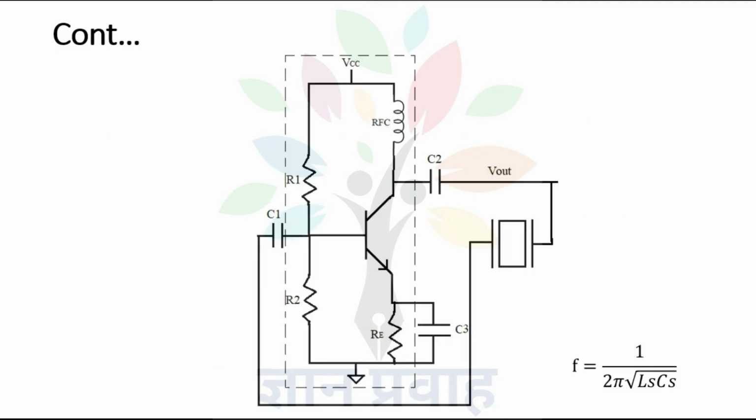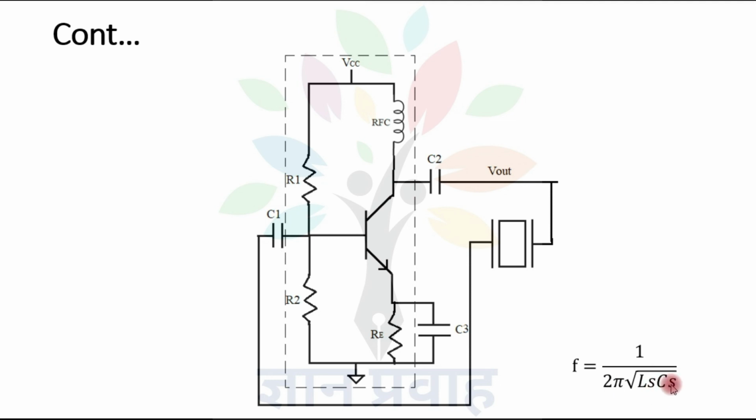The circuit diagram for the crystal oscillator is given here. One amplifier circuit uses voltage divider type, and another is the feedback circuit, which contains the crystal circuit. Normally we use a quartz crystal because it has good stability of oscillation frequency, and here the oscillation frequency is 1 upon 2 pi root of LS and CS.